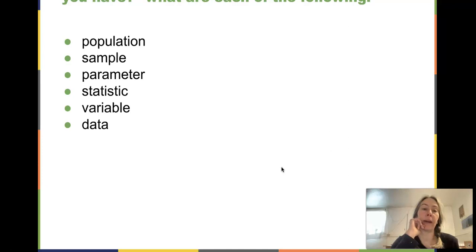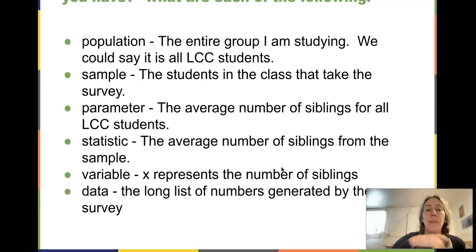So going back to this question, how many siblings do you have? The population is the entire group. We could say that I'm studying all LCC students. So let's just go with that for now. And then I'm sampling only from my students in statistics.